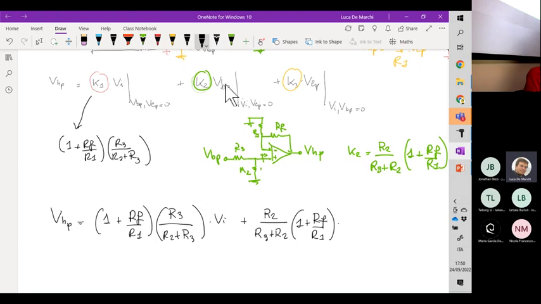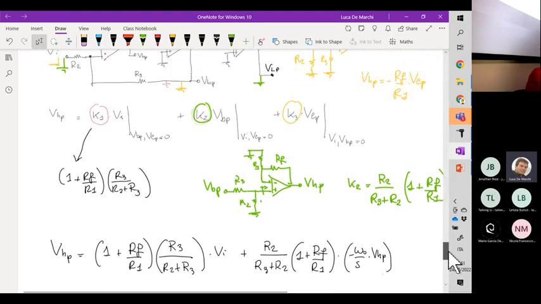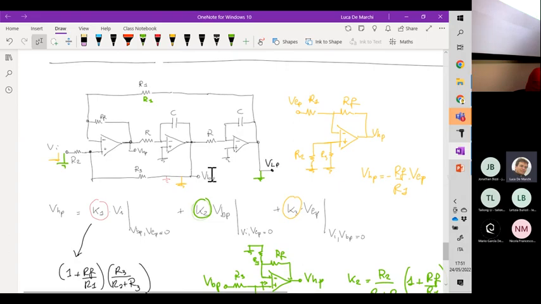This term here multiplies VBP, the voltage related to the bandpass term, which is also given by the integral of VHP, so minus omega null over S times VHP. Okay, because if we look at this circuit, we know that VBP is VHP integrated.